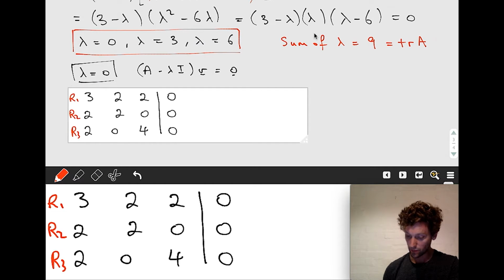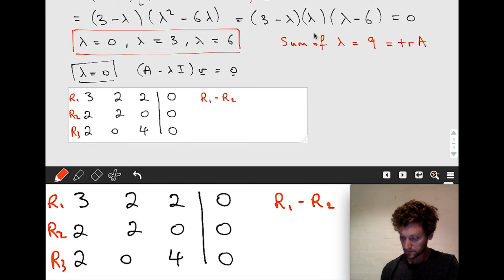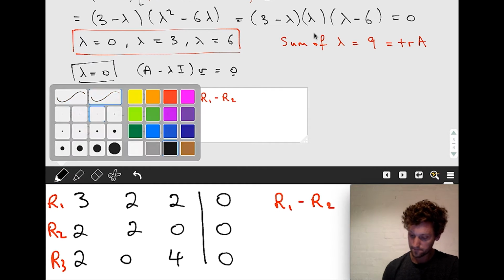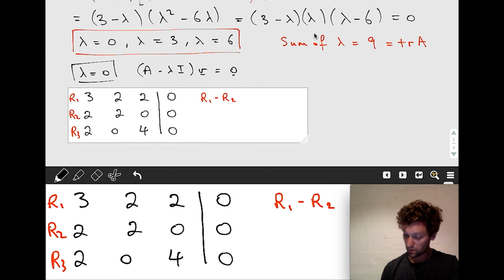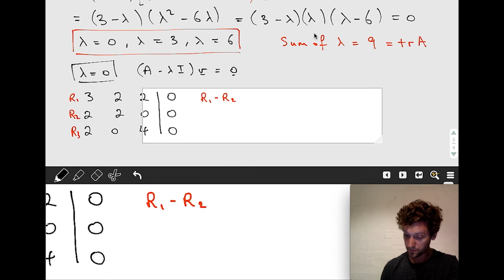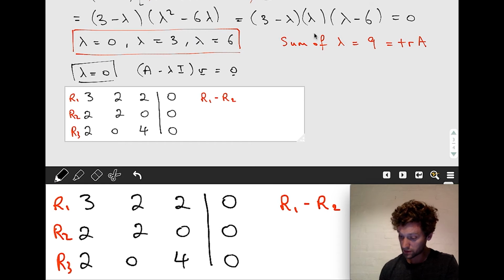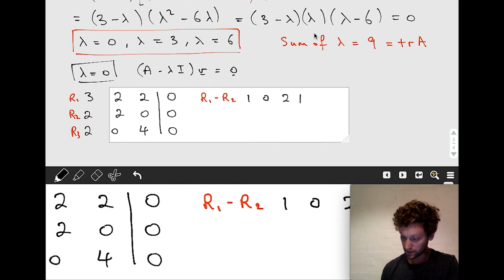Let's take row 1 and subtract away row 2, just to give ourselves a slightly neater form. So taking row 1 and subtracting away row 2 gives us 1, 0, 2. Doesn't do anything to the right hand side, of course.